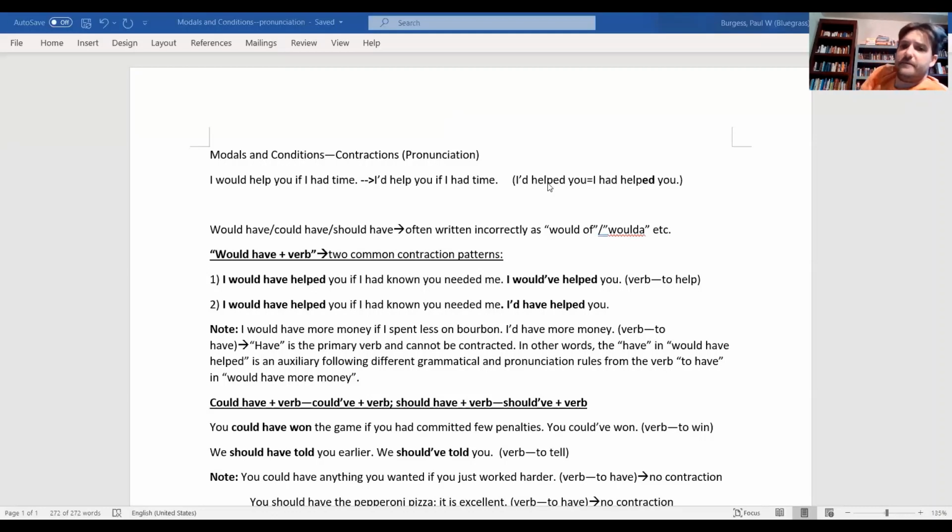So the difficult one is when we start talking about past conditions and conditional modals. These are the famous, if you're a native speaker, and infamous, if you're not a native speaker, woulda, coulda, shoulda.